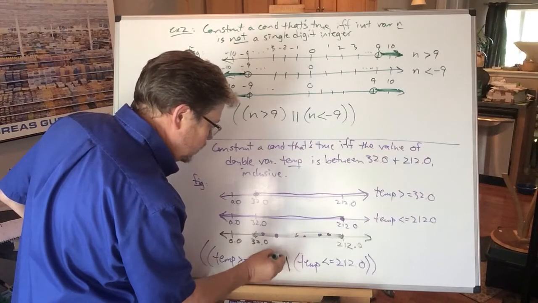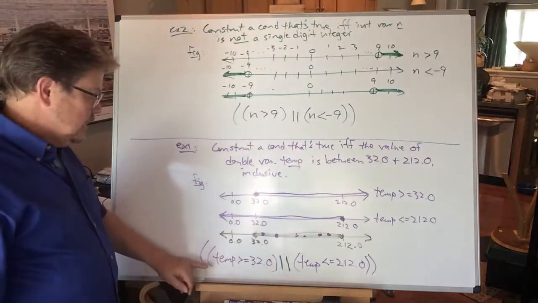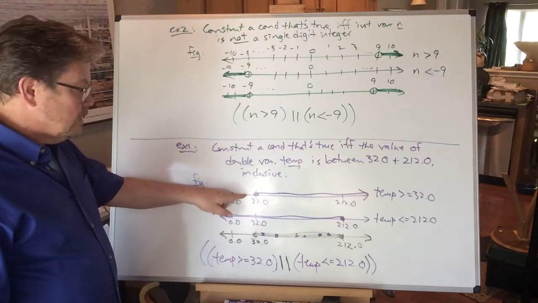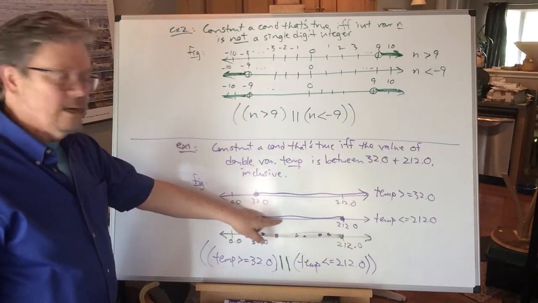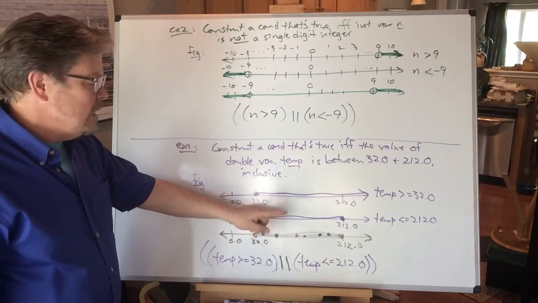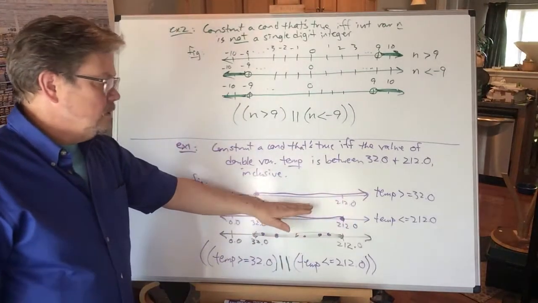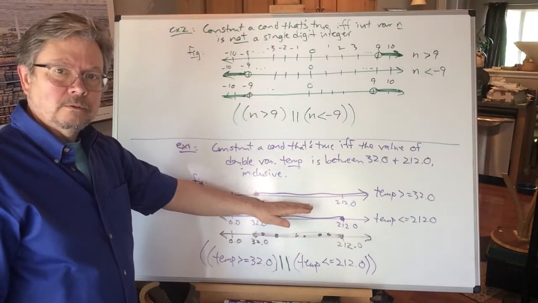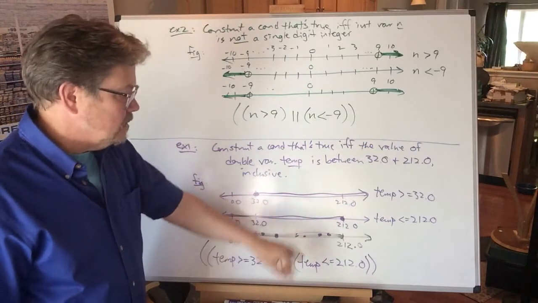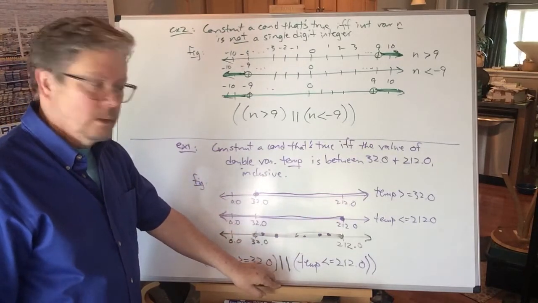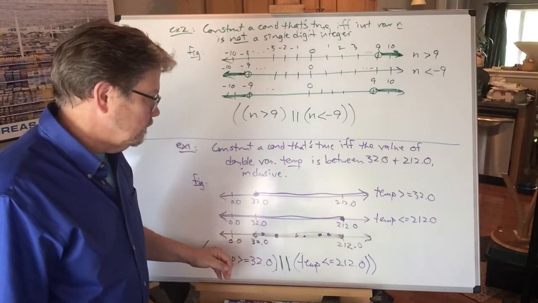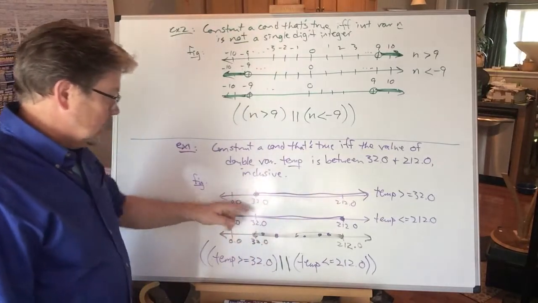Or. One way to think of it is, then temp is a value that's shaded on this number line or is shaded on that number line. Let's think about 500. 500, well, that's going to be shaded on this top number line because it's more than 212. So if I have an or, that's enough. That'll make the condition true because it's greater than 32.